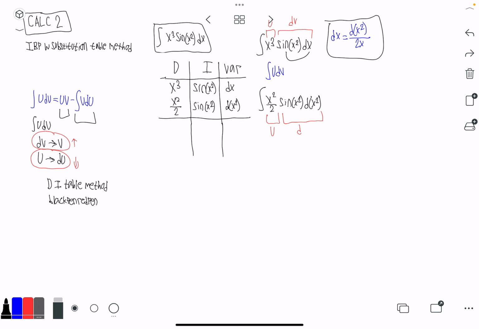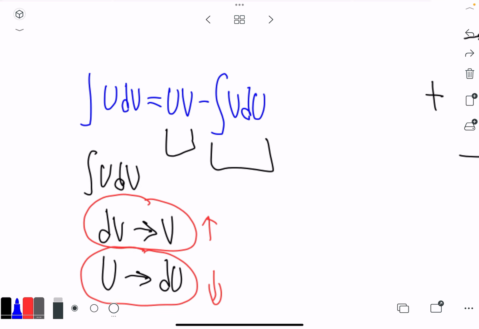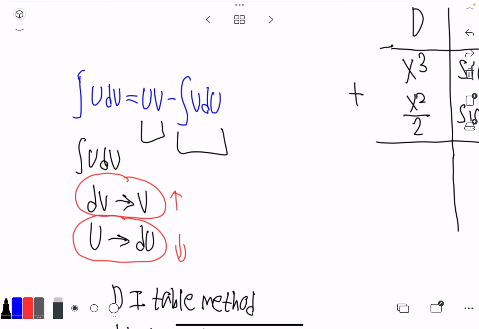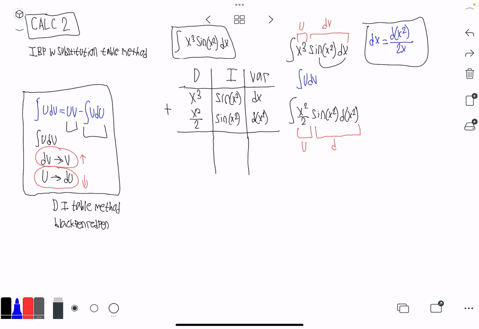Now, here's where the tricky part comes in. In order to fully understand why this method works, you need to look at the formula for integration by parts again. On the left side, we have u, right?